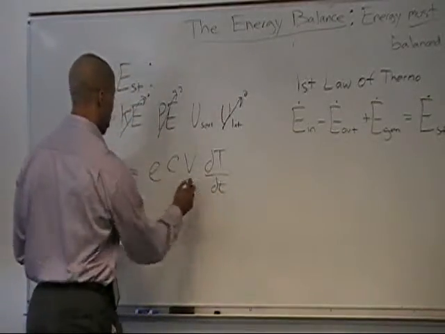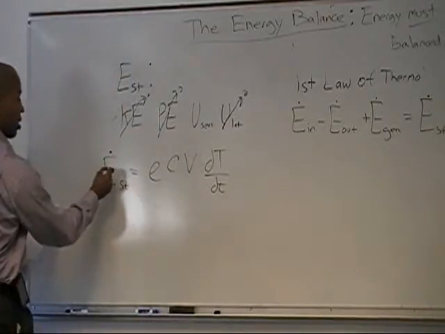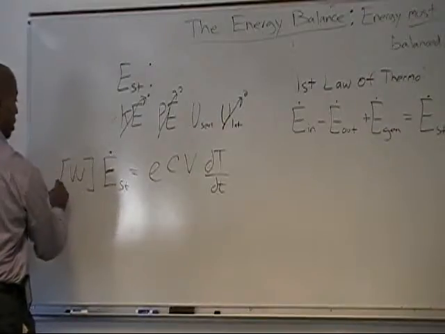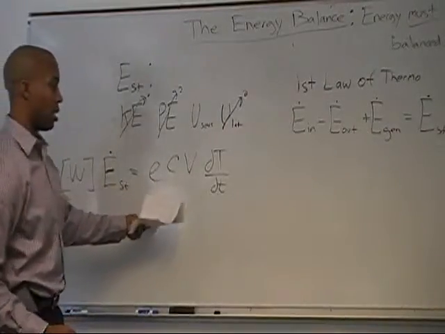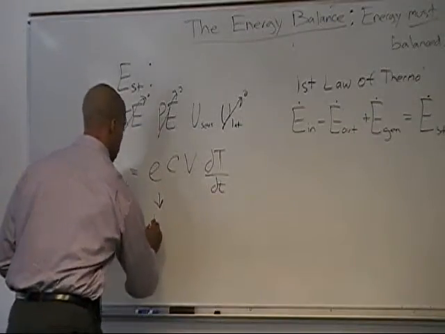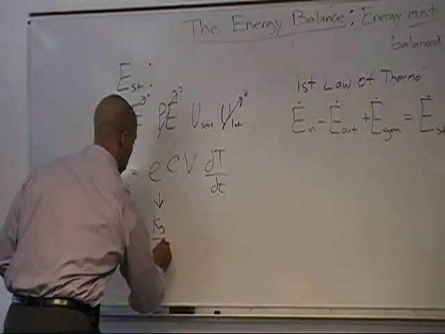So here, let's look at the units for this. We already talked a lot about the units of this energy rate being watts. So these units need to add up to watts. We have density, which is kilograms per meter cubed.